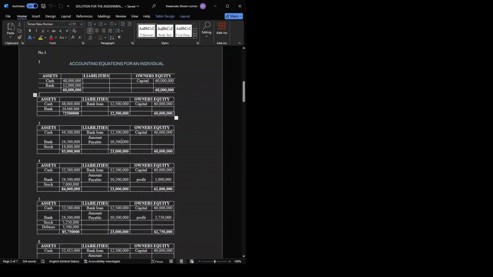The bank loan here will remain unchanged, but the stock you put all the 14 million. And so when you add this, it should be equal to this, and when you add here and here, the total should also be equal to this, because assets equal liabilities plus owner's equity.